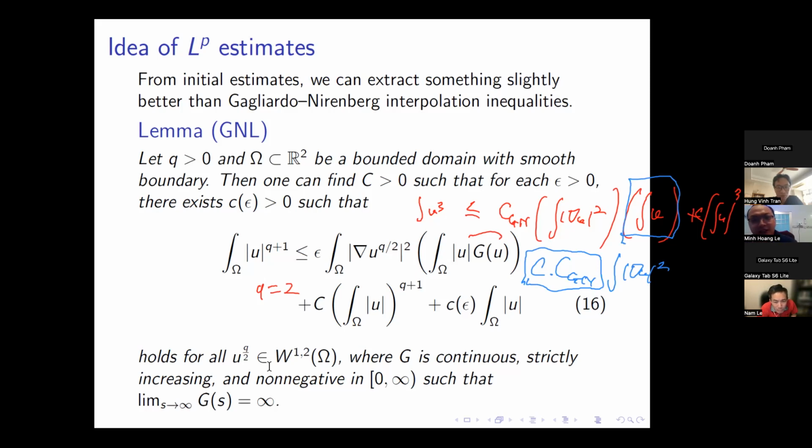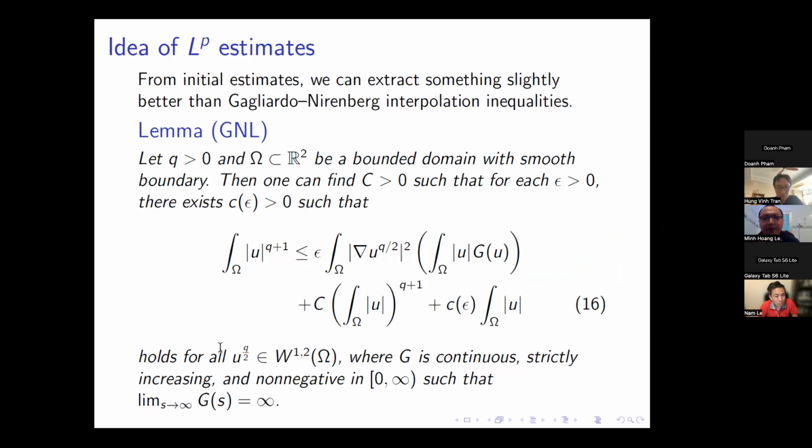But because of the initial estimate, we can replace u here by u log u. Then we have the freedom to choose epsilon. Right. So if we have something better than L1, we can pay back with the epsilon. So epsilon can be chosen, and then this one is bounded. Then we can nicely overcome that difficulty.